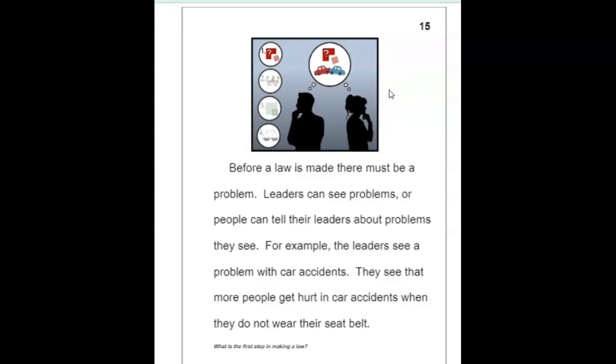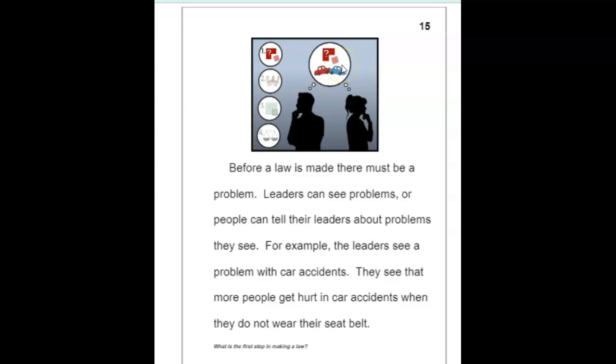Before a law is made, there must be a problem. Leaders can see problems, or people can tell their leaders about problems they see. For example, the leaders see a problem with car accidents.